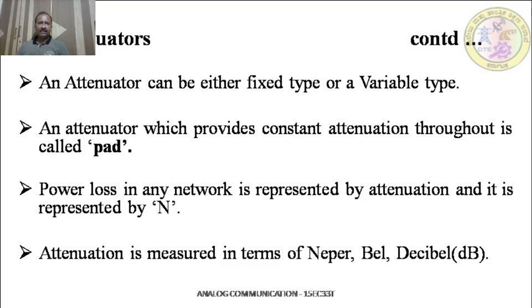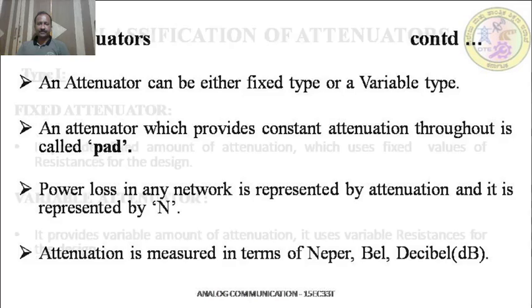For a normal attenuator circuit, you measure the attenuation using three units: Neper, bel, or decibel, normally represented by dB.